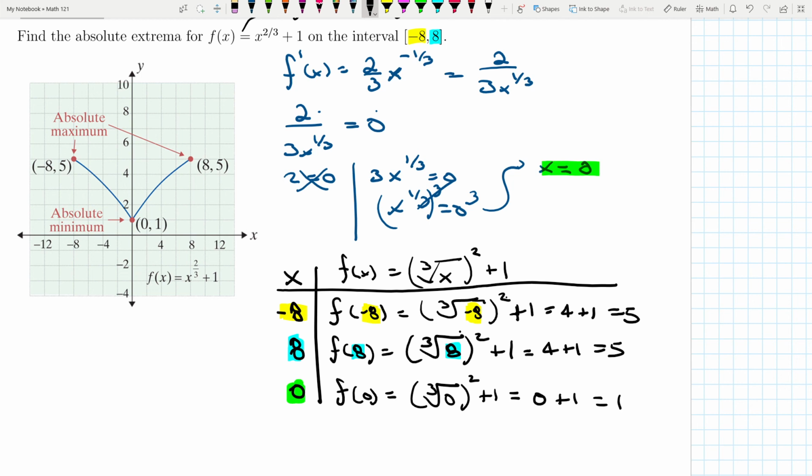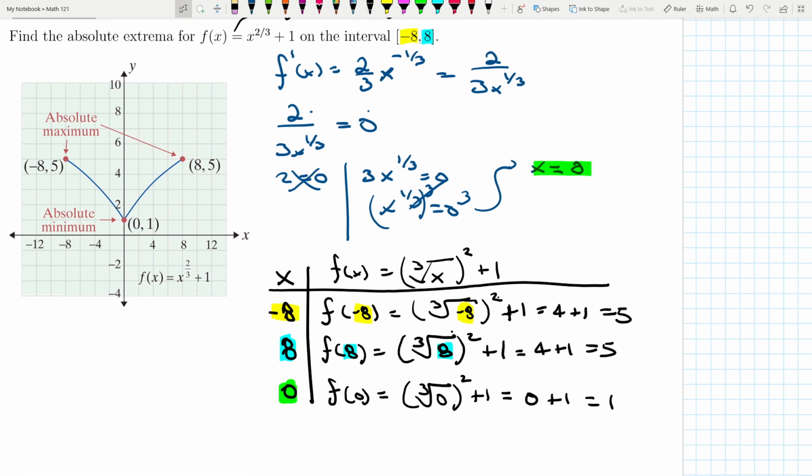All right, now observe something very interesting here. When we observe which one is the largest value and which one is the smallest value, notice that the absolute maximum repeats. That is fine. If it repeats, you can call it the absolute maximum twice.